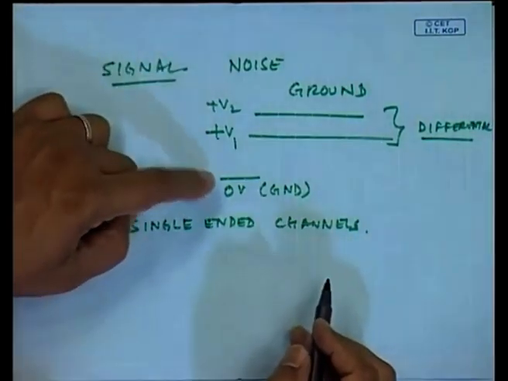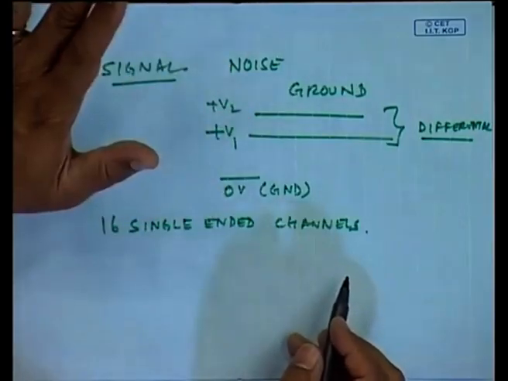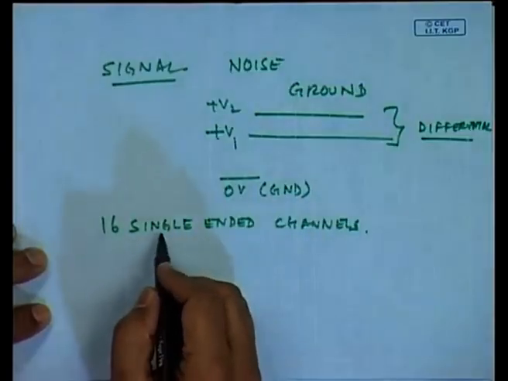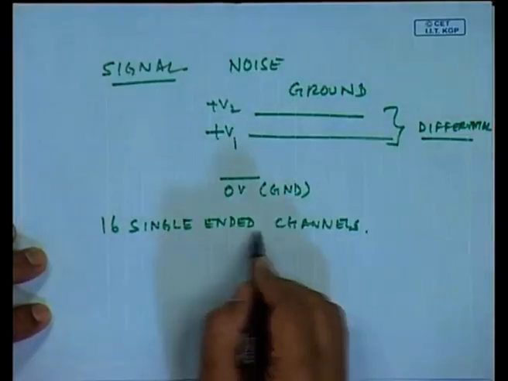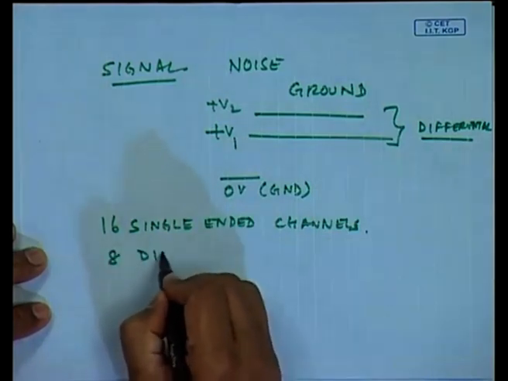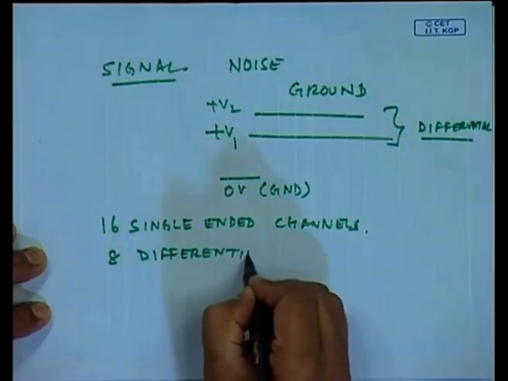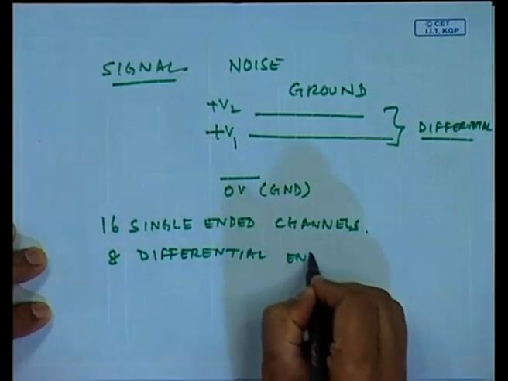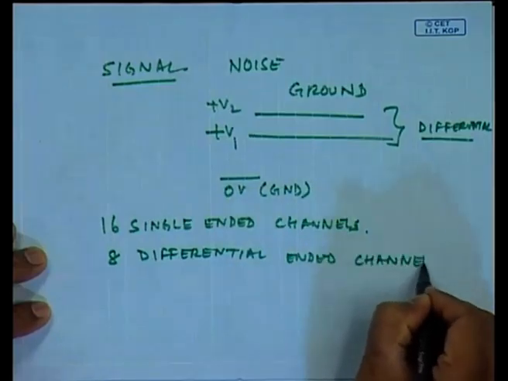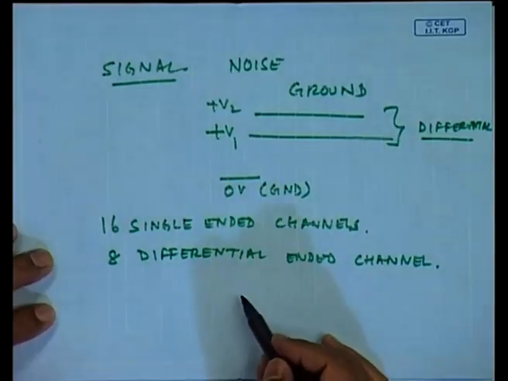The noise which was there because of V1 and V2, if you subtract them, the noises will get separated. So, a 16 channel single ended input will be converted to 8 differential ended channels, and thus the noise will be less.